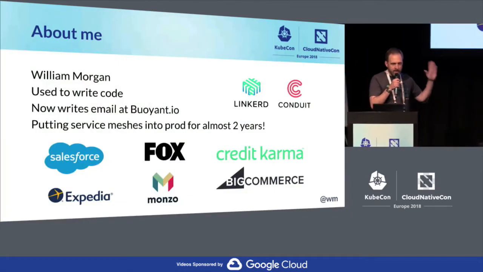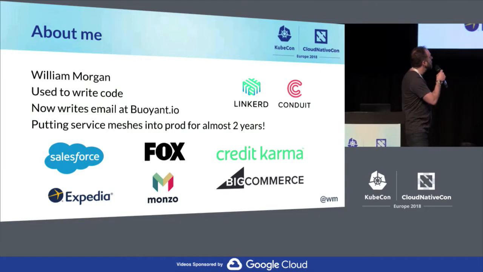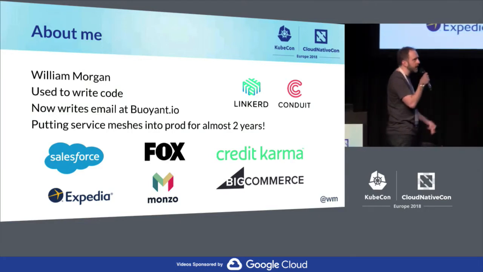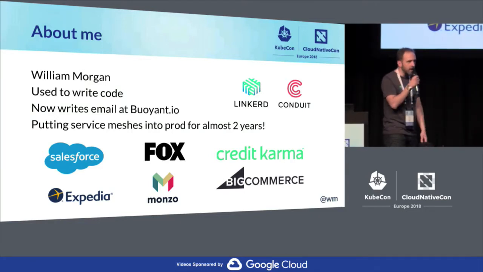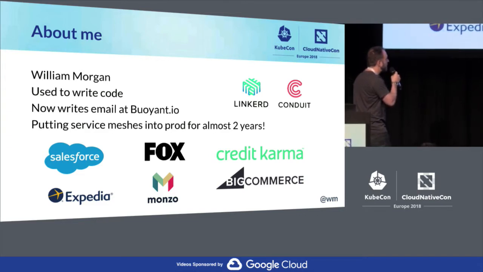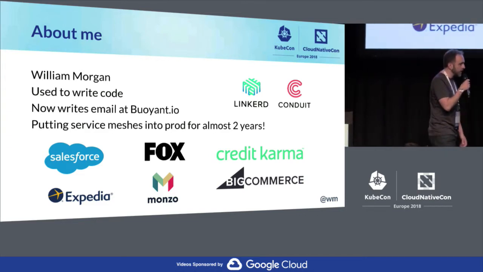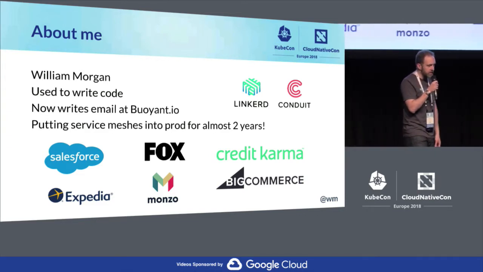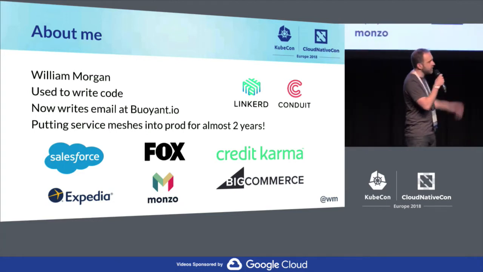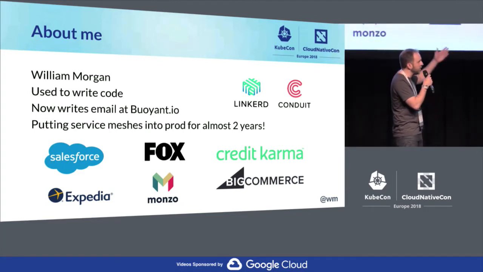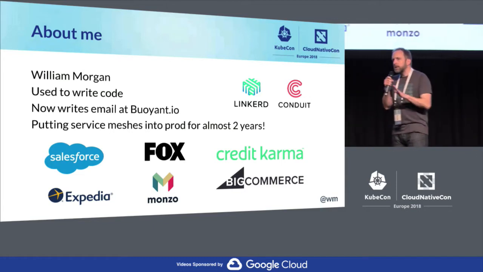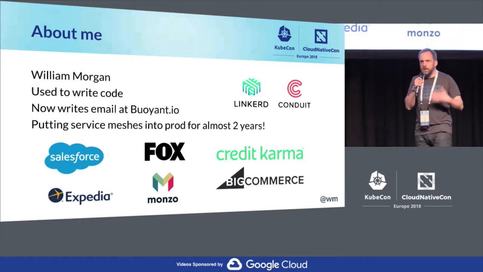I'm going to tell you a little bit about me. My name is William Morgan. I used to write code in the good old days. Now I mainly write email. I work at a company called Buoyant. We're based in San Francisco. We have two open source service mesh projects. One is called Linkerd, which is a CNCF project. One is called Conduit, which is a lot newer. I'm actually not going to talk too much about the details of what these things are.